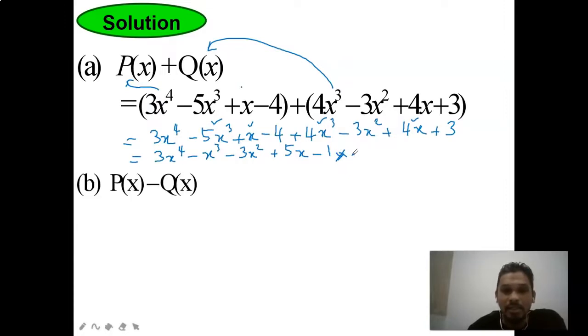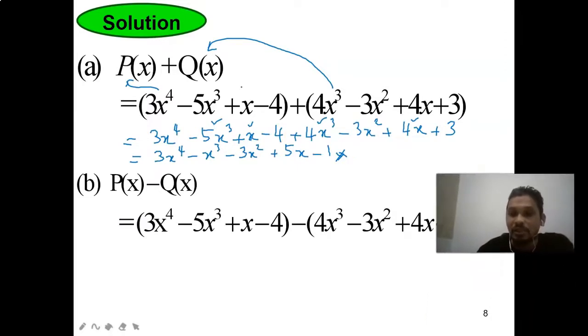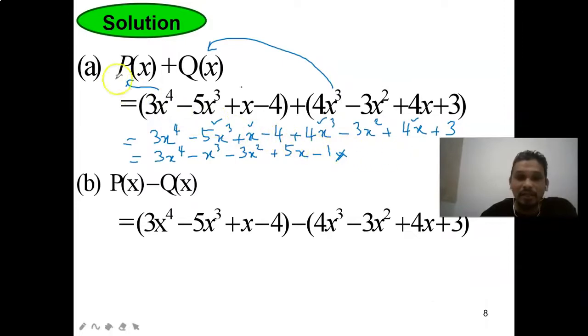Now we look at the second example, p(x) minus q(x). A different situation here, because the first example was addition, p(x) plus q(x), but p(x) minus q(x) will be different. First of all, we open up this bracket: 3x to the power of 4 minus 5x cubed plus x minus 4.